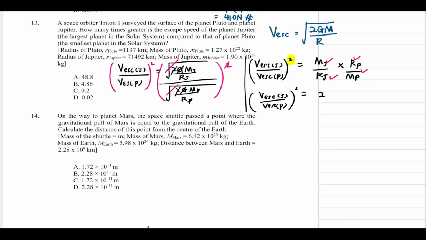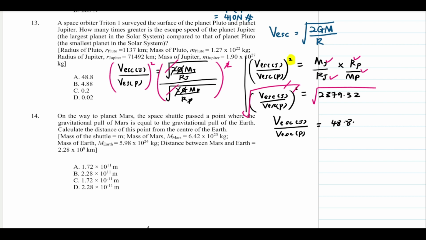Equal to 2379.32. Okay, and finally, in order to find, kita ada square dekat sini, jangan lupa take the square root. Okay, finally kita akan dapat V escape untuk Jupiter over V escape untuk Pluto is equal to 48.8.